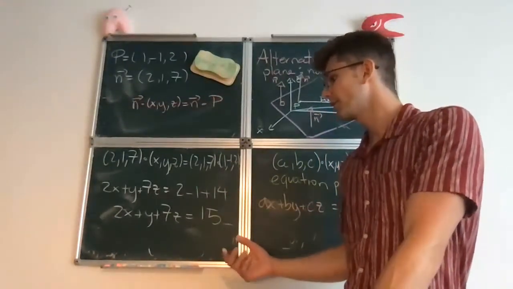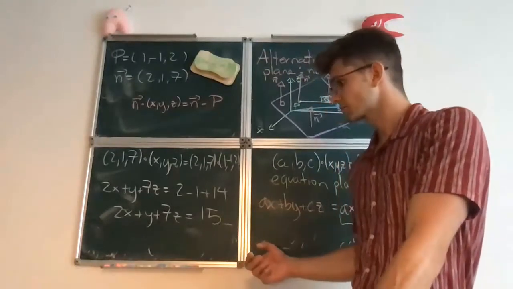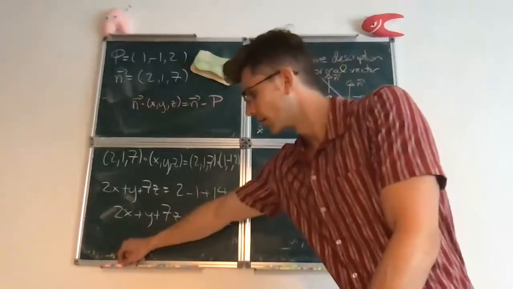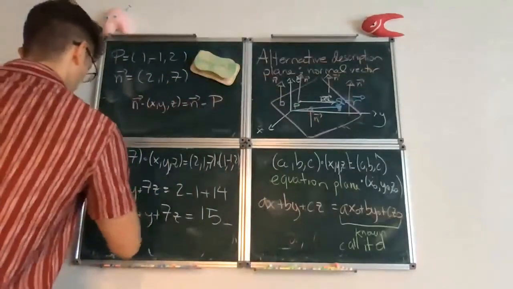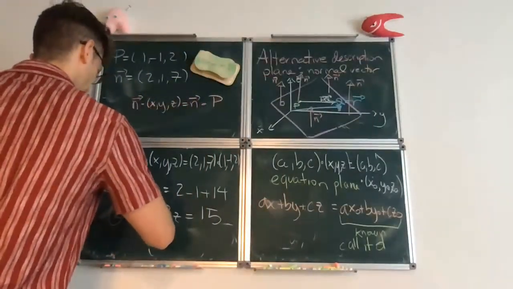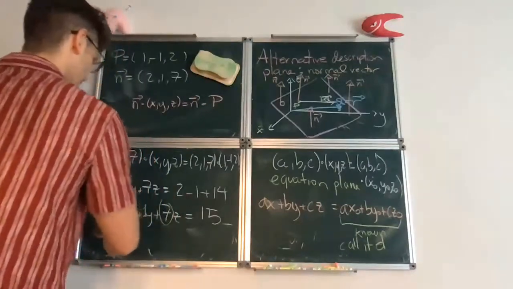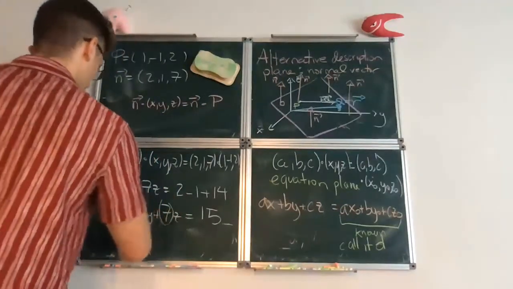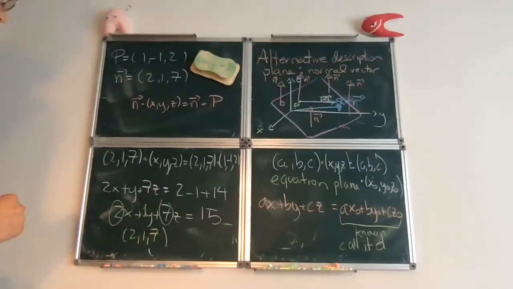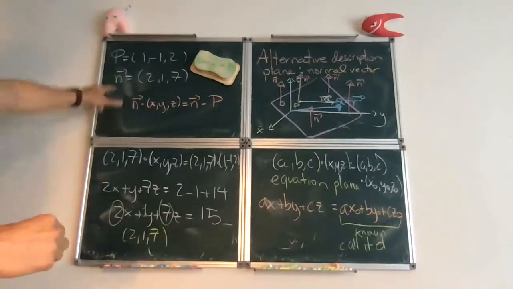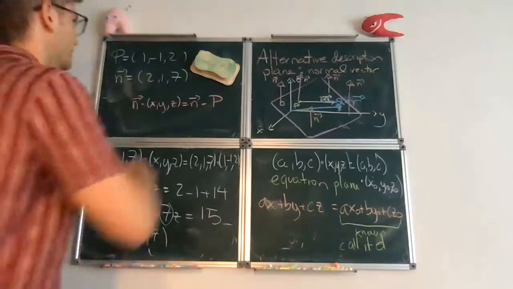And one of the features of writing the equation this way is that these coefficients, if you notice, you get 2, 1, 7. So from this equation, you can read the normal vector.